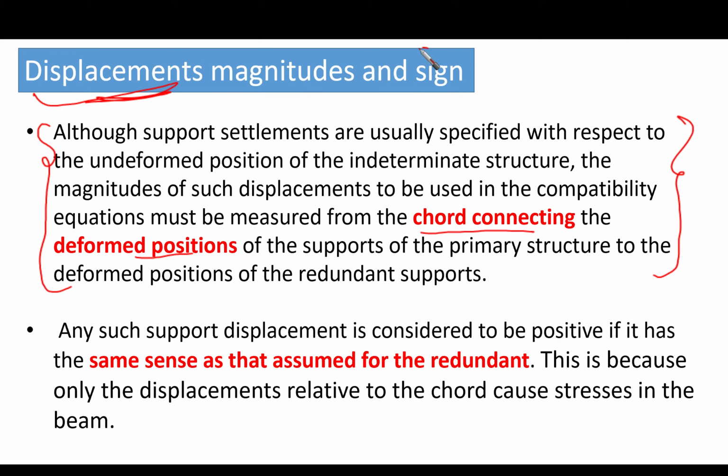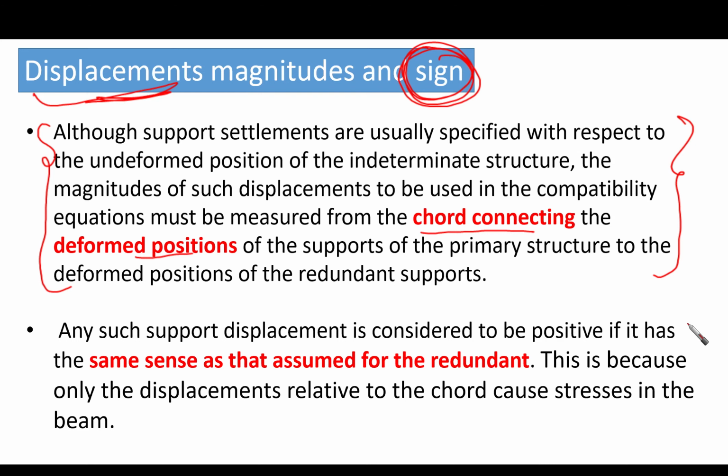The second hint that I put under this title is the sign. What is the sign, positive or negative? Any such support displacement is considered to be positive if it has the same sense as that assumed for the redundant. This is because only the displacements relative to the chord cause stresses in the beam.